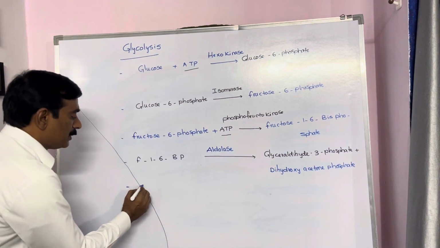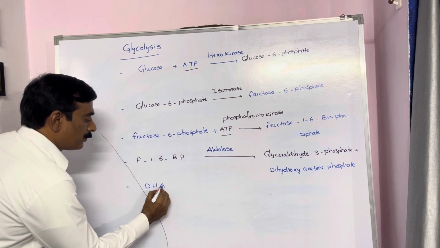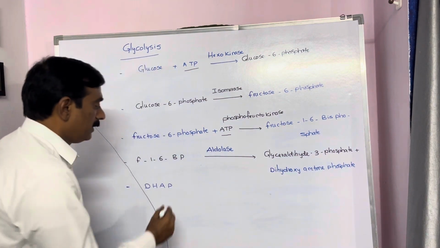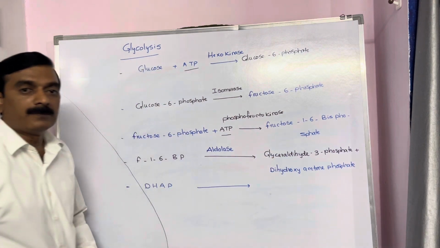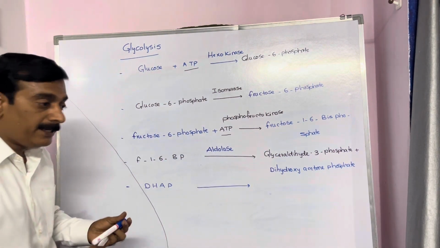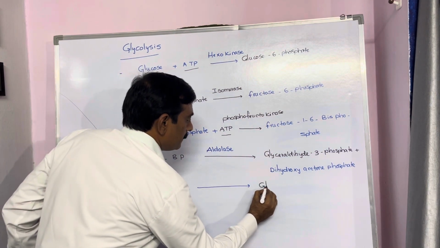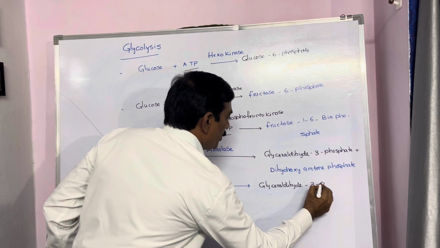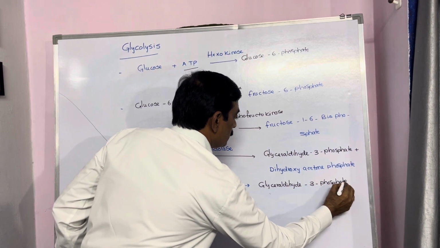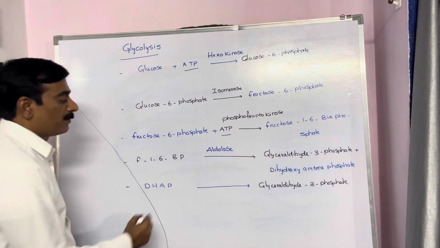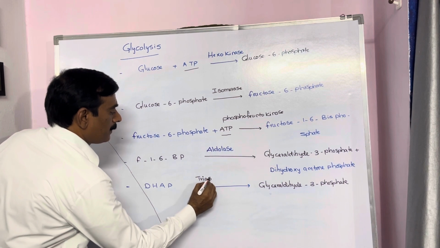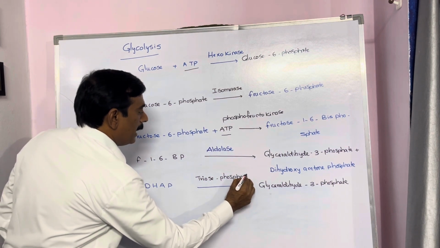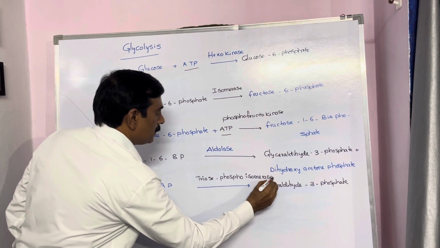And next step: dihydroxyacetone phosphate, DHAP, is converted into its isomer, glyceraldehyde 3-phosphate, in the presence of the triose phosphate isomerase enzyme.